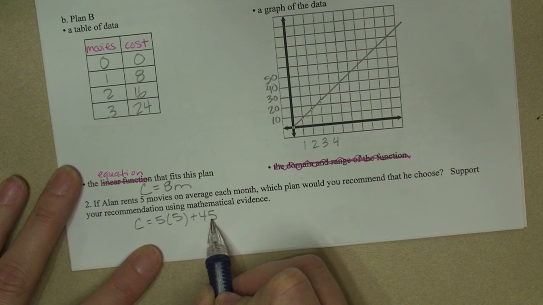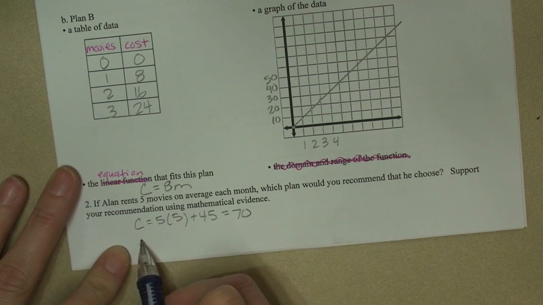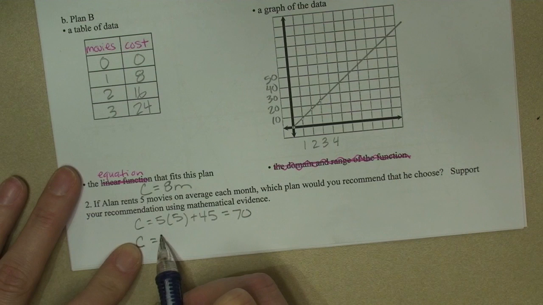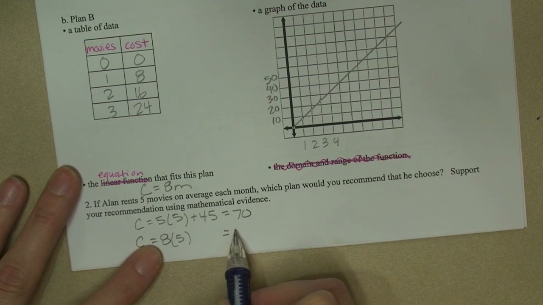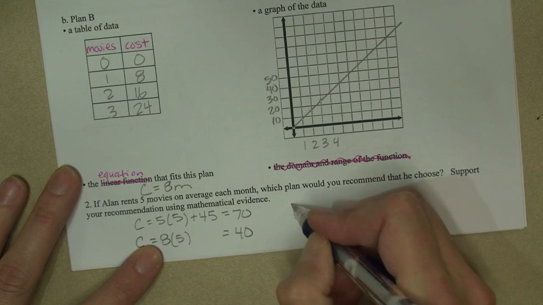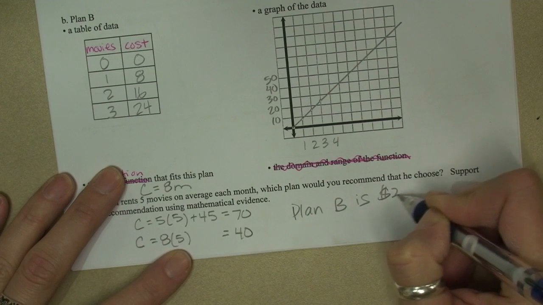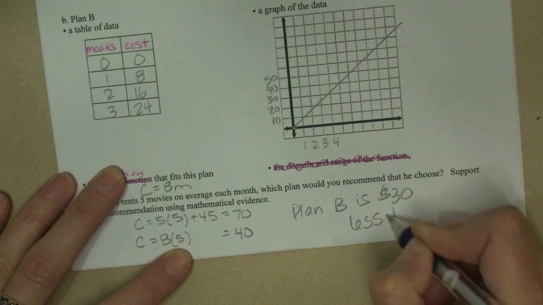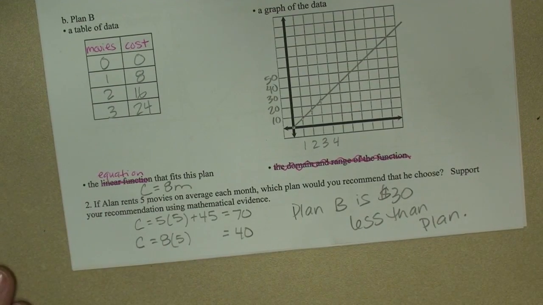When I solve that in my calculator, I get $70. Plan B, if it's just $8 times 5 movies, that equals $40. So I'm going to say Plan B is $30 less than Plan A. So there's my mathematical evidence.